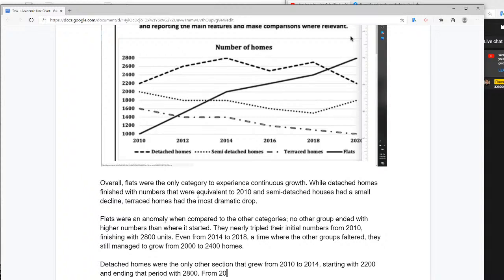Okay, from 2014 to 2018, their figures fluctuated, falling as low as about 2,500, briefly rising back to 2,700 at the end of that period.